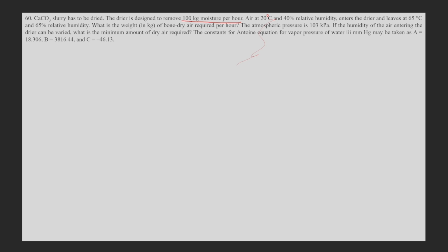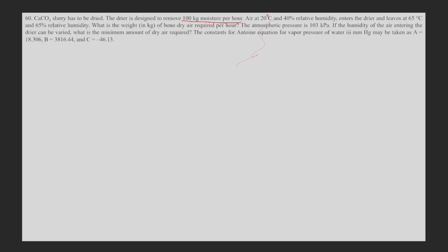Relative humidity is the quantity of water vapor in the air, so it will increase after leaving the dryer at 65 degrees Celsius, the temperature of the dryer. So air will get heated up, plus it will also get the moisture.